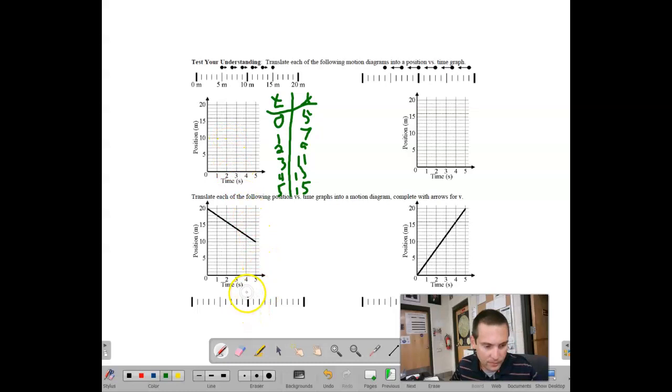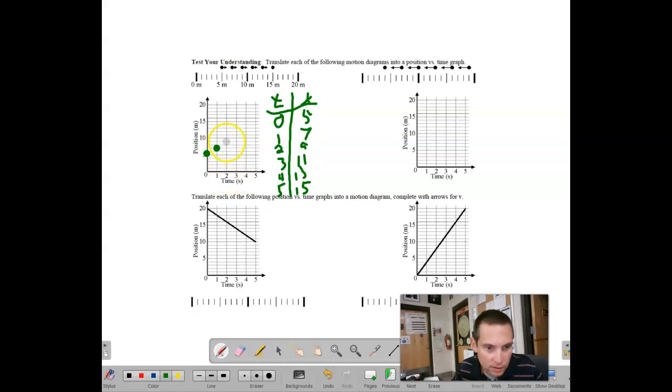This might get a little messy here with a big pen. We'll do what we can. At t equals 0, we are at 5. At t equals 1, we're at 7. So 5, 6, 7. At t equals 2, we are at 9.